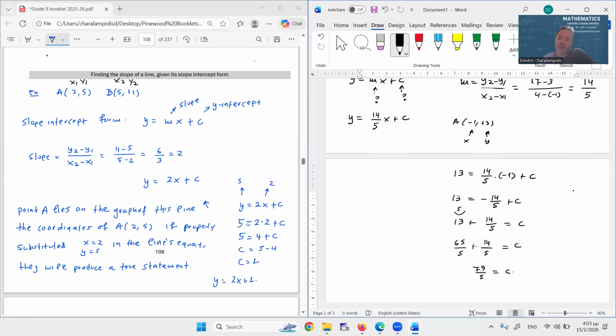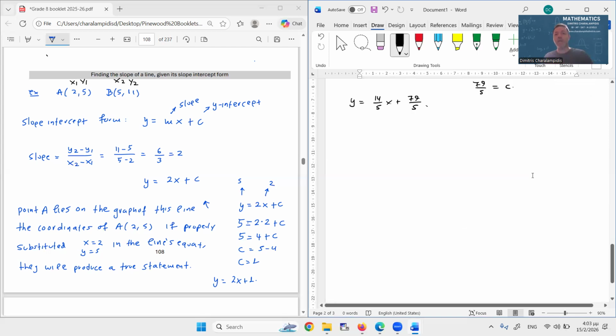I made it. I wanted to find the slope-intercept form, and that's exactly what I did. Y equals 14 over 5x plus 79 over 5. That is the slope-intercept form of the line that passes through those specific points.